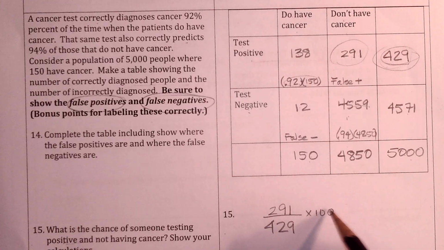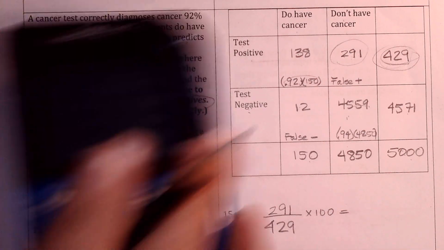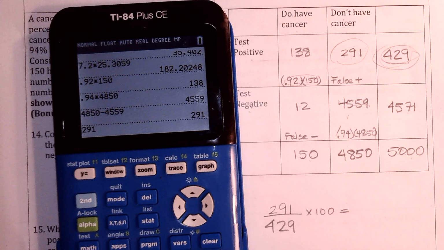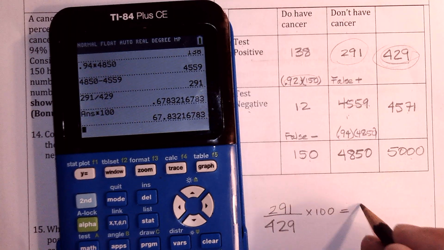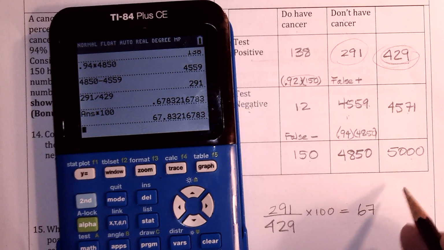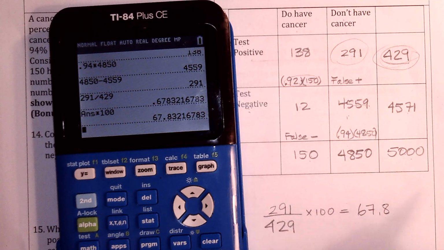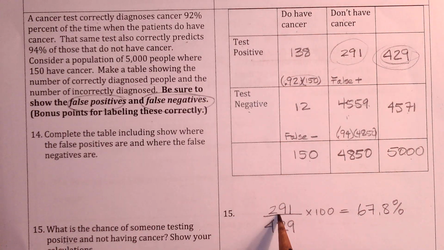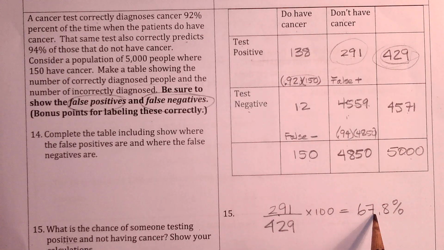Change that to a percent, and we get 291 divided by 429 times 100, and we get a 67.8% chance that they tested positive and don't have cancer.